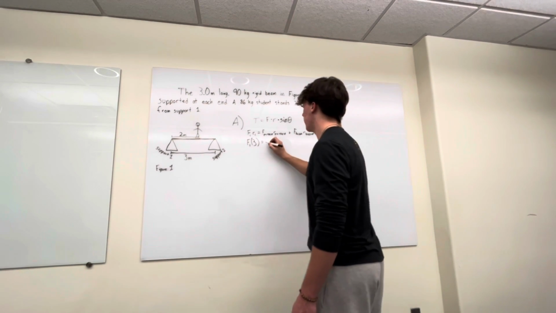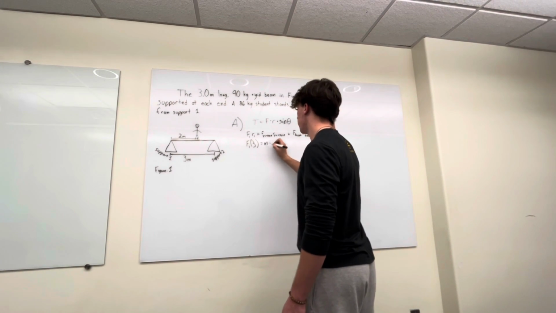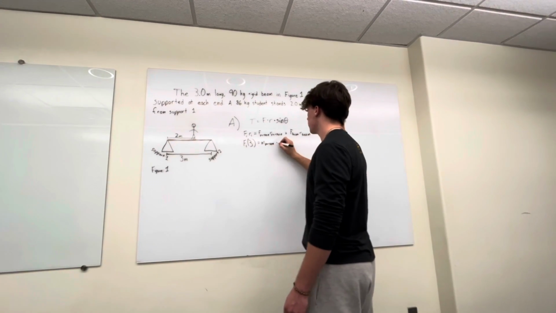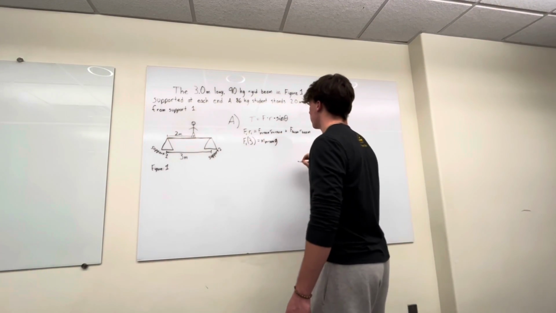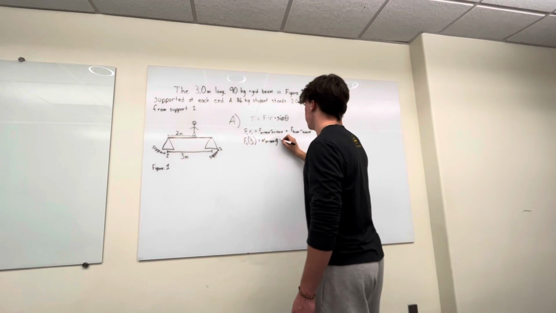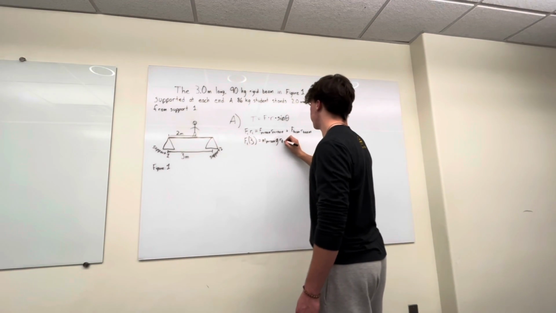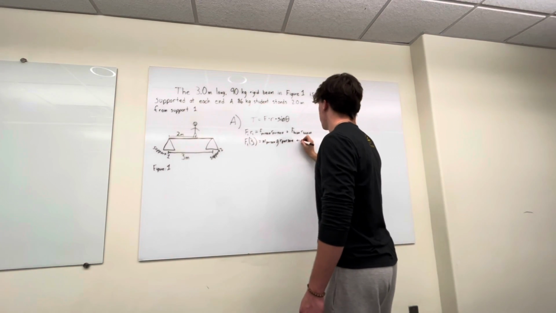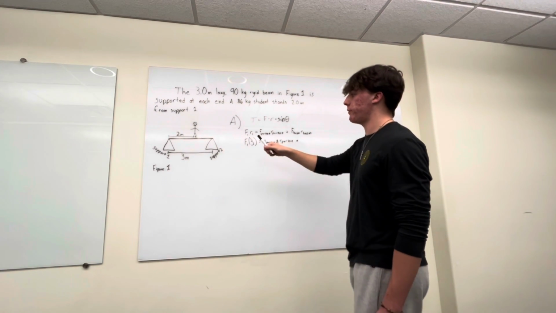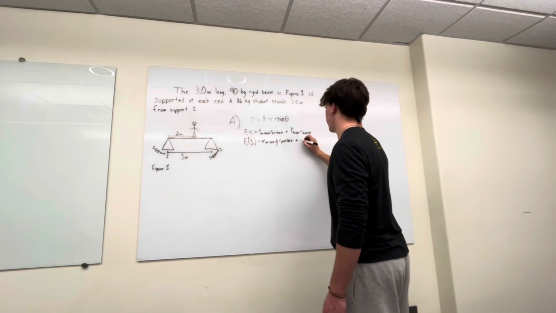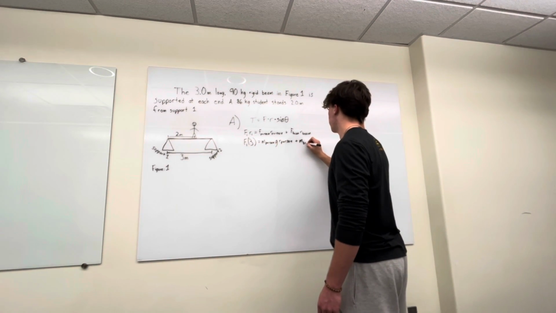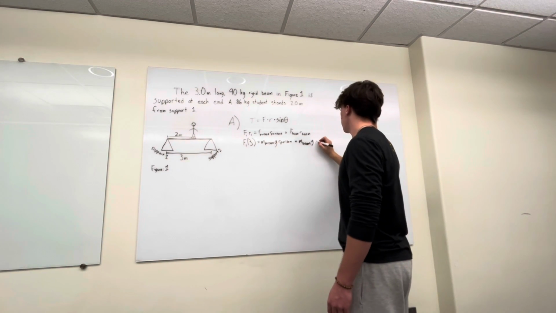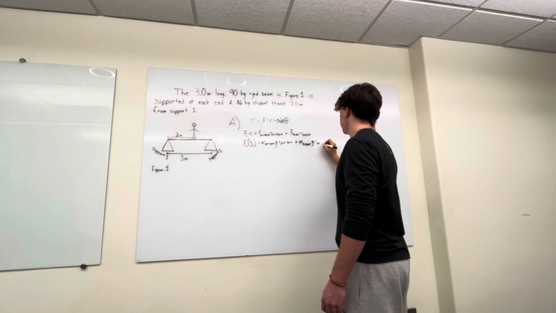So we have the mass of the person times gravity times the radius of the person. And same thing, the force from the beam is also gravity. So we have the mass of the beam times gravity times the radius of the beam.